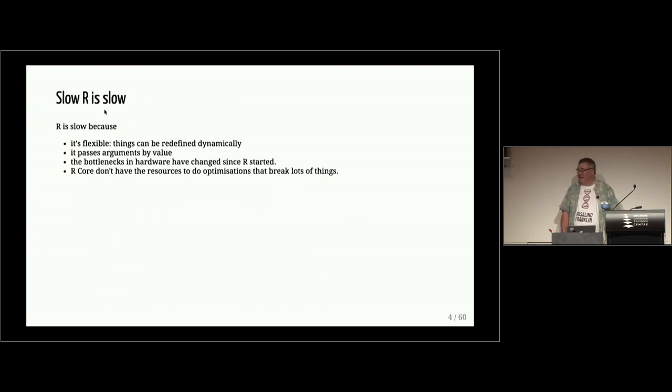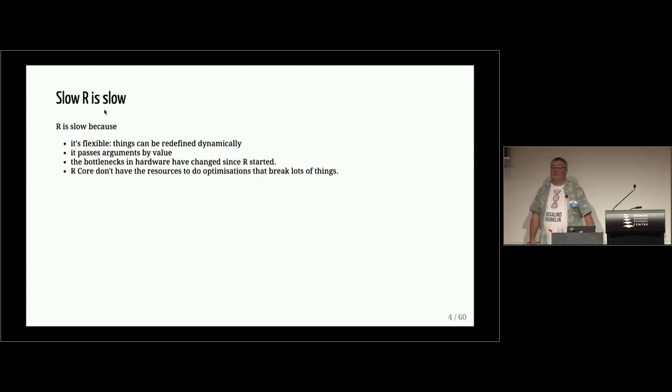Okay, so R is slow. I used to have something at the start of R courses saying that R is well known to be slow and unable to handle large data sets, which is true, except that computers are fast and computer memory is large, so it's very rarely a problem. But sometimes it is a problem. And R is slow for a bunch of reasons.